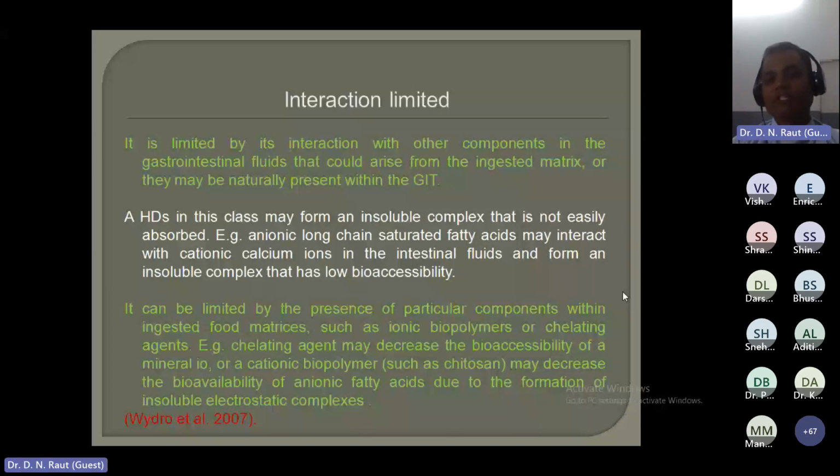This can be limited by particular components within ingested food matrices, such as ionic biopolymers or chelating agents that may decrease the bioaccessibility of minerals, or cationic biopolymers, like chitosan, which may decrease the bioavailability of anionic fatty acids due to the formation of insoluble electrostatic complexes.